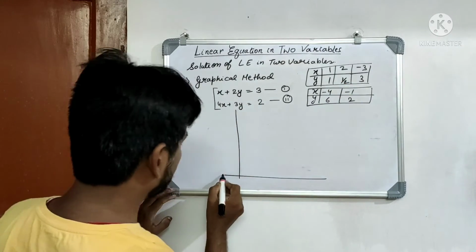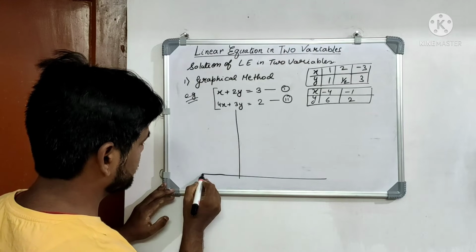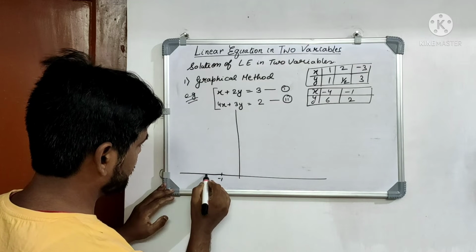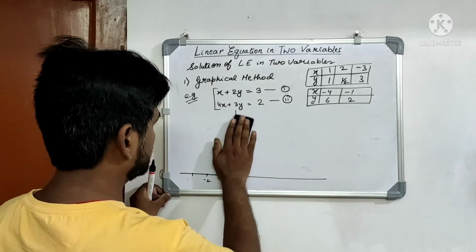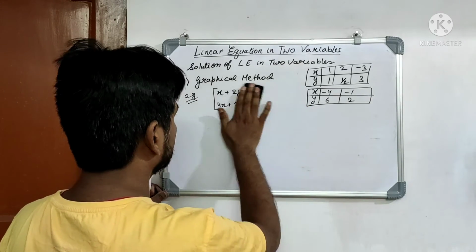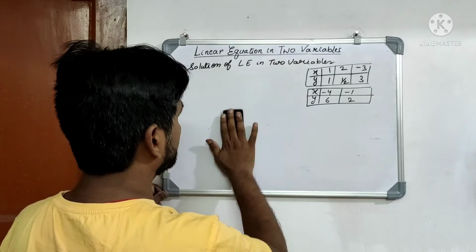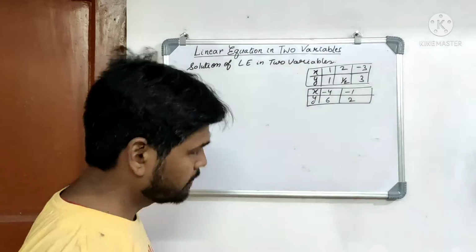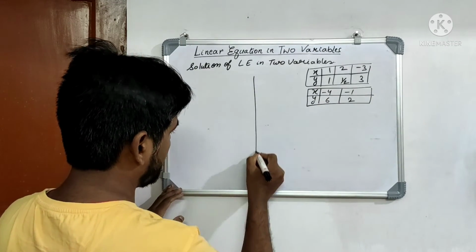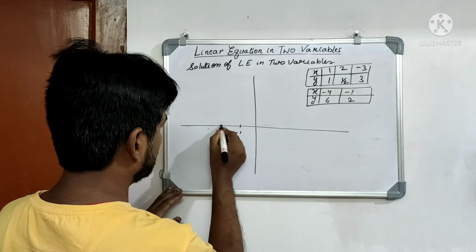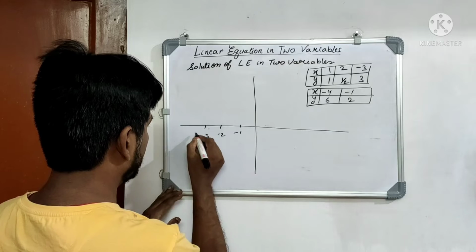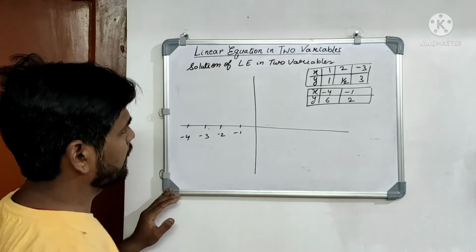See, we have -4 on x, so this is -1, -2. Okay, let me draw it. -1, -2, -3, and here we are having -4.